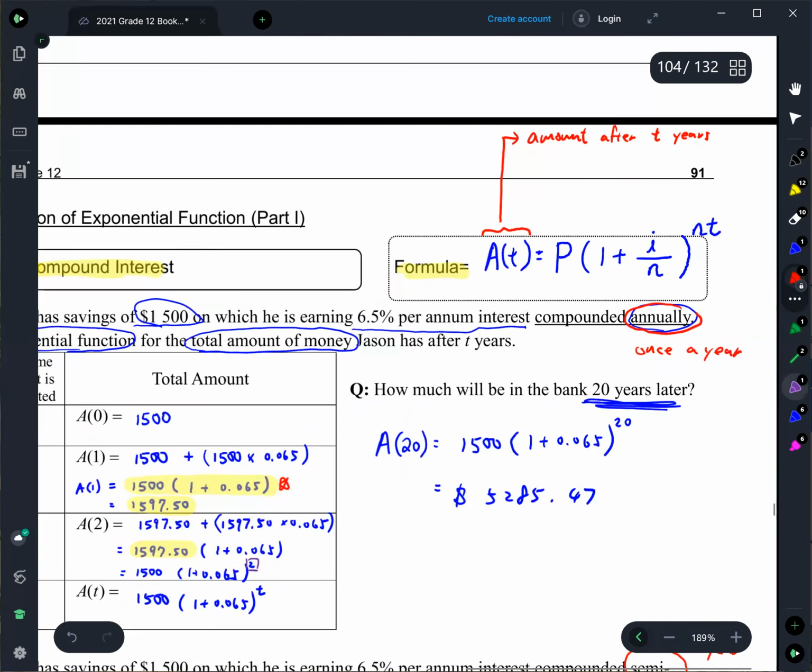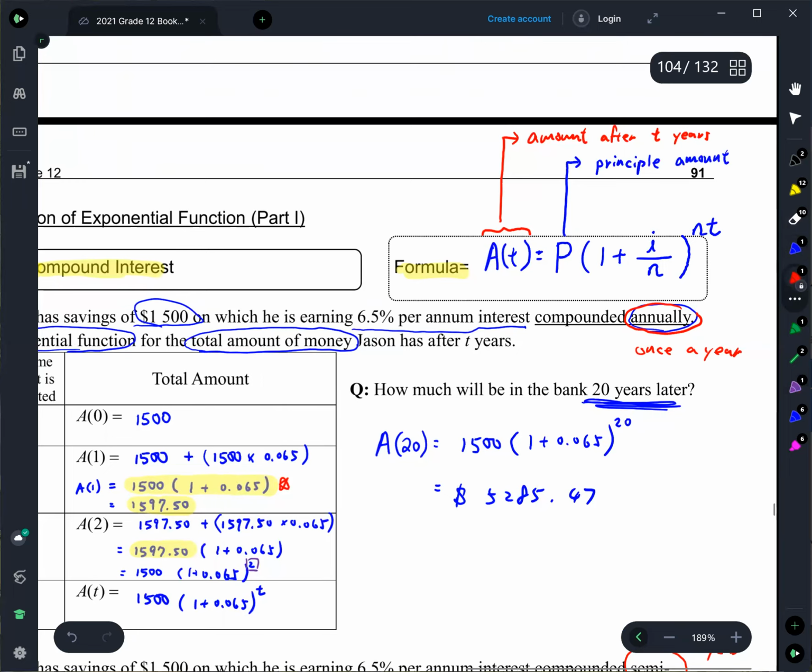And then the P is the principal amount, which means the original money.